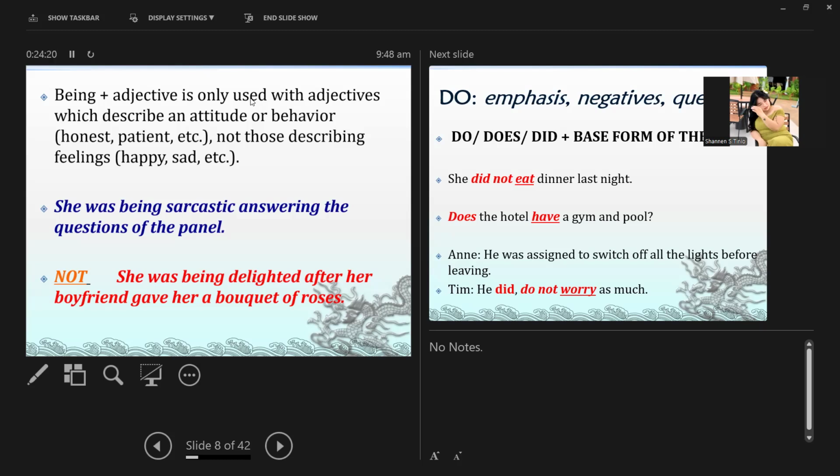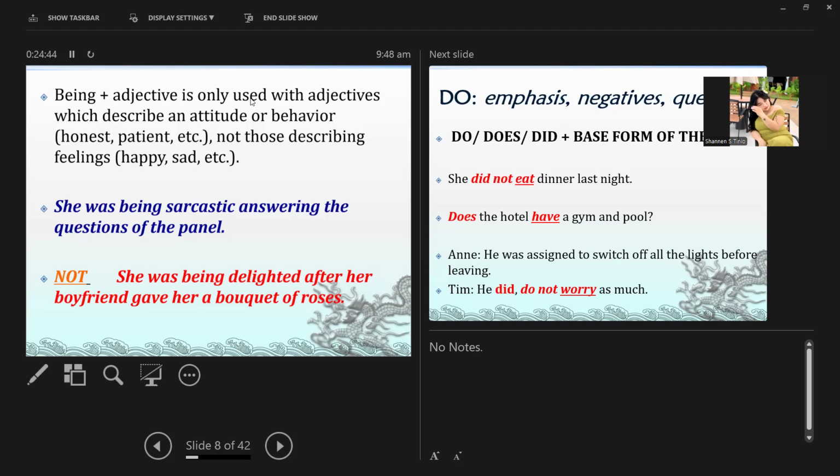Ano ba bang ibang behavior? Can you name something, Jason? Honest, patient, kind. She was being kind. Laura was being kind to her classmates. Pwede yun. Was being kind.